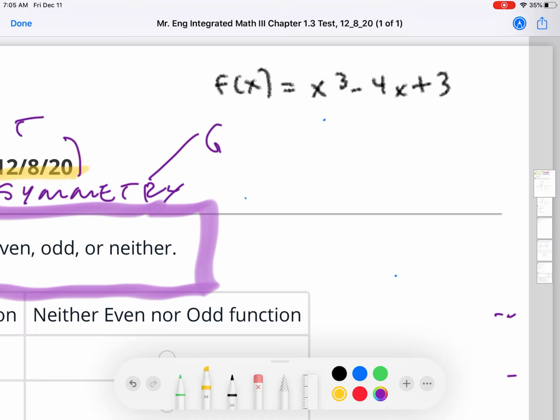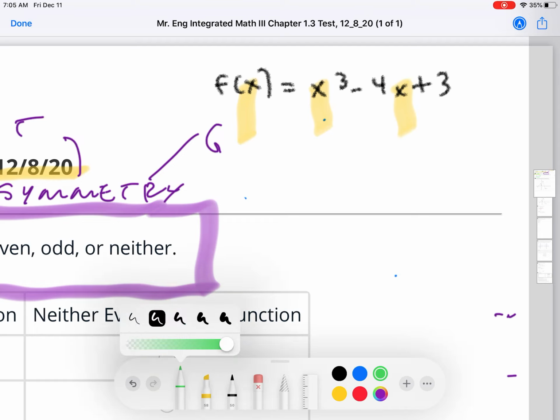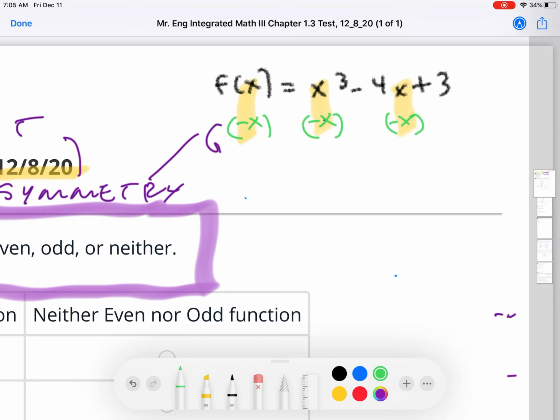Okay, so we said that every x value, we're going to be putting in a negative x. Put those in parentheses. And everything else, I'll do it in black, stays the same. F equals x to the third power minus 4x plus 3. Okay?